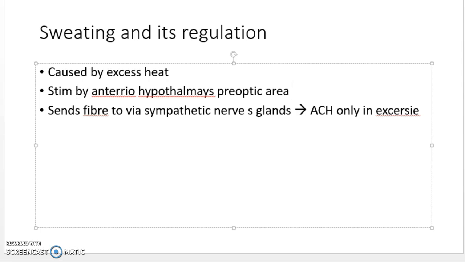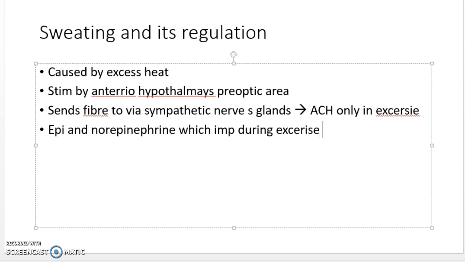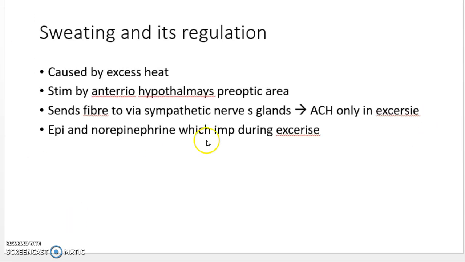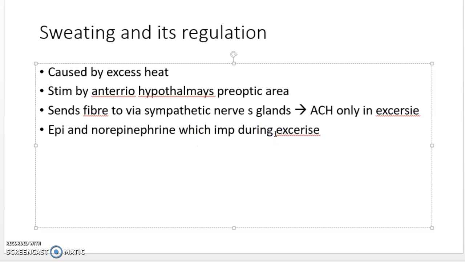The sweat glands can also be stimulated by epinephrine and norepinephrine, which is very important during exercise, when hormones are released into the blood.